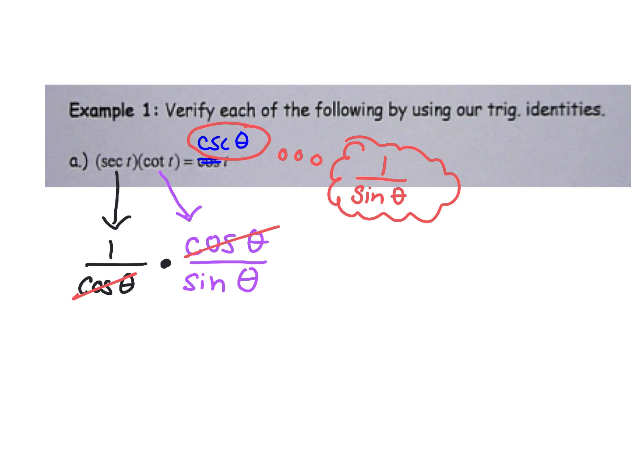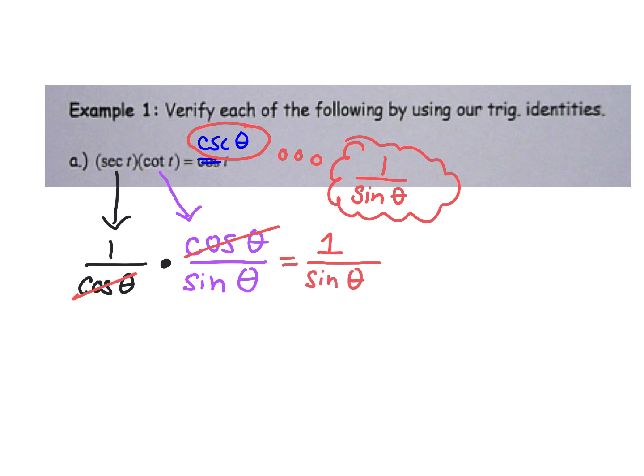So if I multiply straight across the top and straight across the bottom, I have 1 times 1, technically, and that's just 1. And then across the bottom, I have 1 times sine. And that's 1 over sine.